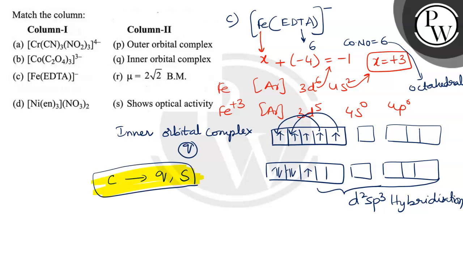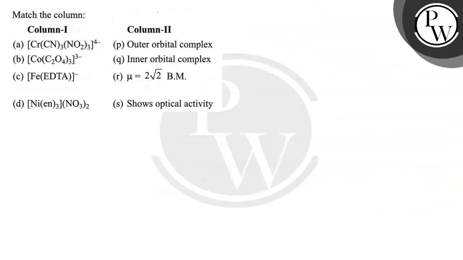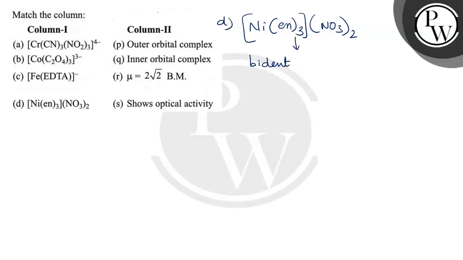And lastly, we have to see this D option. In option D, it is given the nickel complex Ni(en)3 (NO3)2. Okay, this is the complex given. So here en is a bidentate ligand. En means ethylene diamine, or ethane-1,2-diamine.